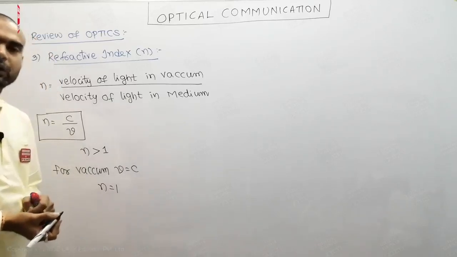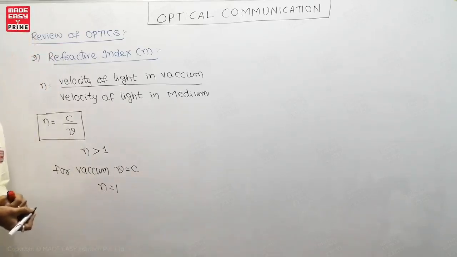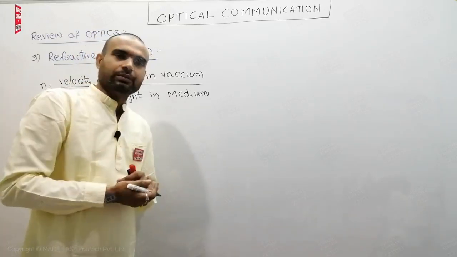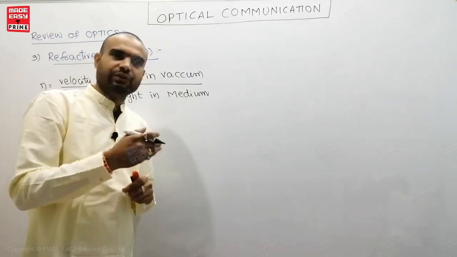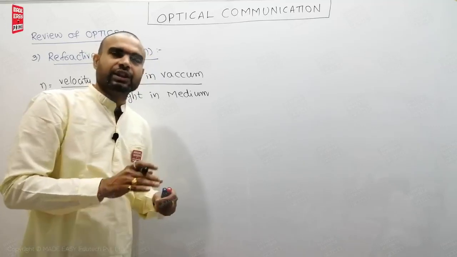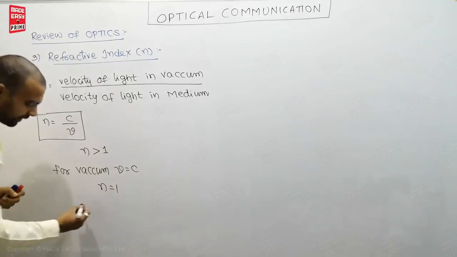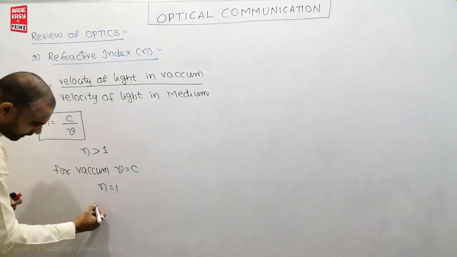Every time the refractive index must be n greater than 1. Whenever light moves from one medium to another medium, there is a change in the wavelength, but no change in the frequency.